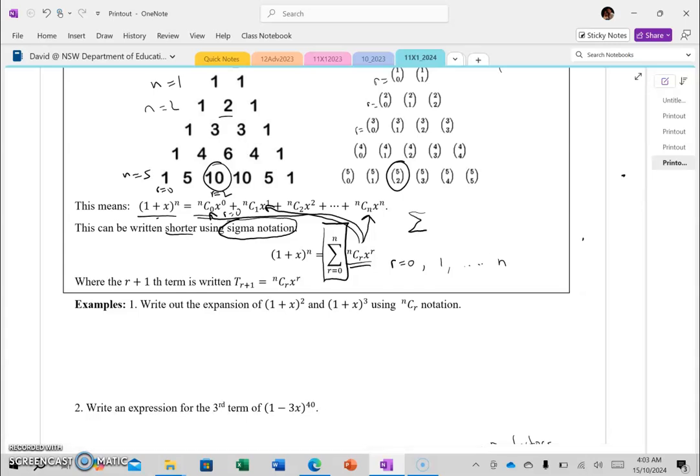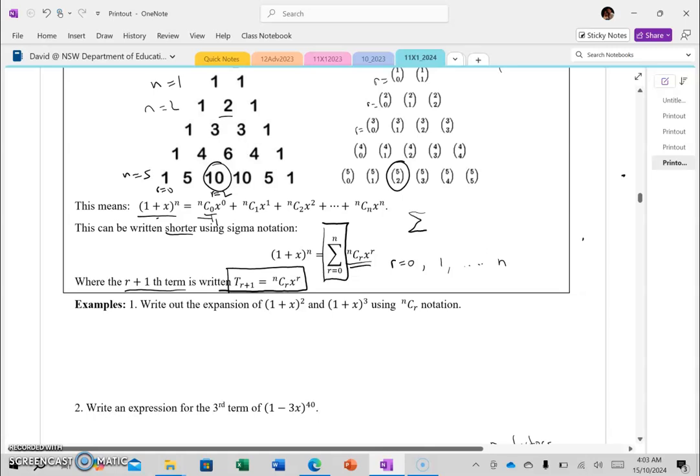Often the way it's written is what we call the (r + 1)th term, which is given by this expression for (1 + x) to the n: nCr x to the r. Why is it written with r + 1? Well, this would be the first term, I'm going to call that t1. This would be the second term, t2. This would be the third term, t3.